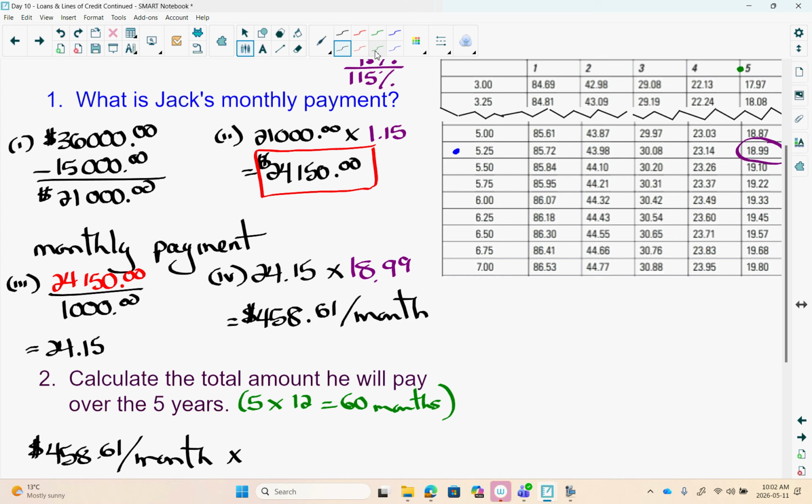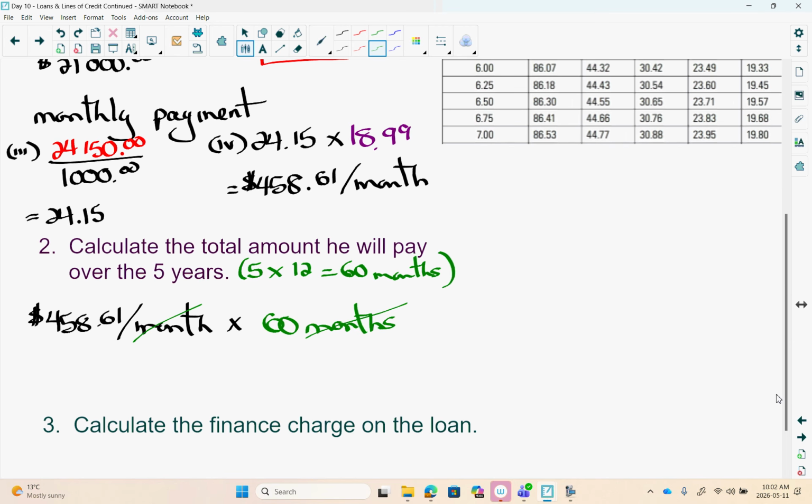I multiply them together. And the months go away. They cancel. What's 458.61 times 60? It's $27,516.60. That's what he owes, or that's what he's going to pay back on his loan.